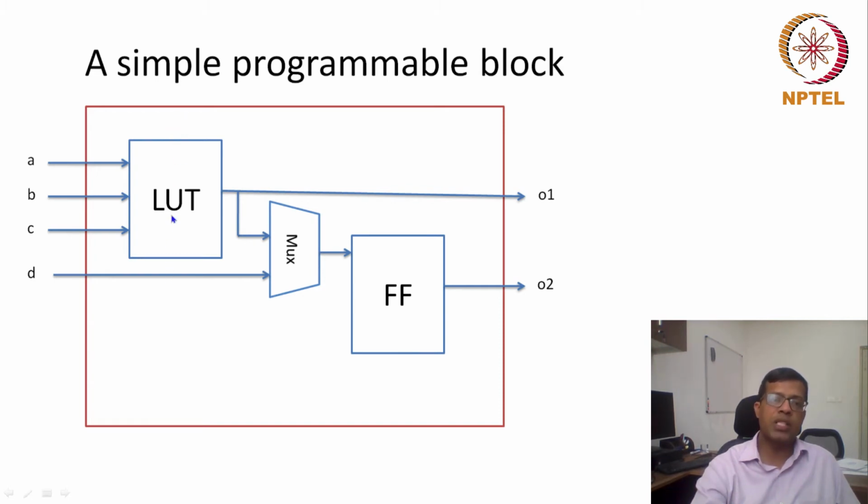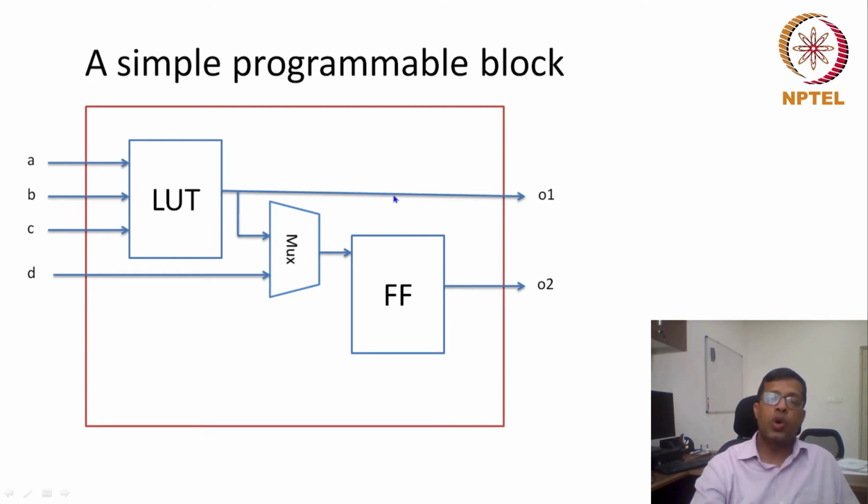There are 8 memory cells, and all these 8 memory cells are the lookup table, the truth table for this 3 variable function. With this 8 into 1 memory, we can program this LUT as any combinational logic with 3 inputs.